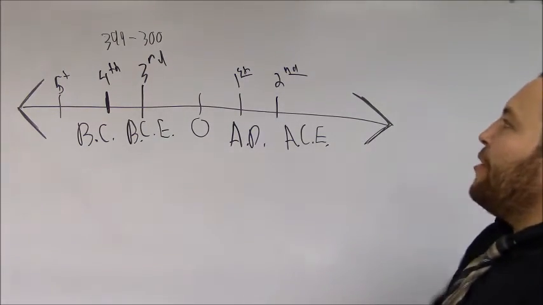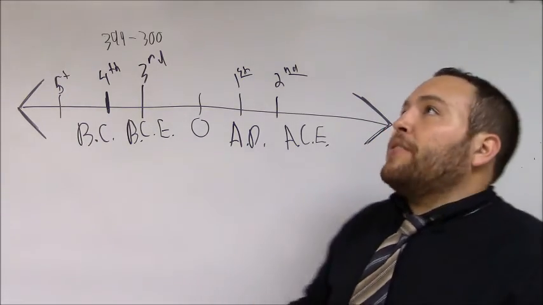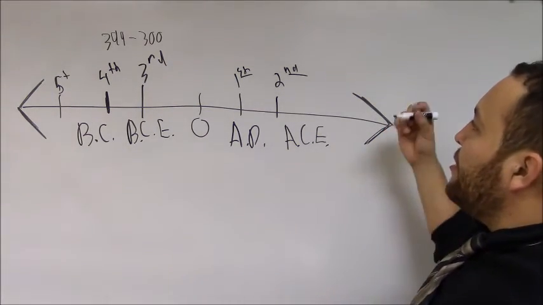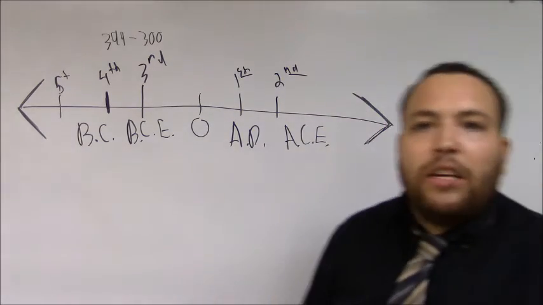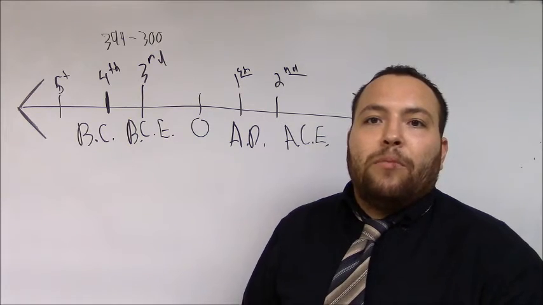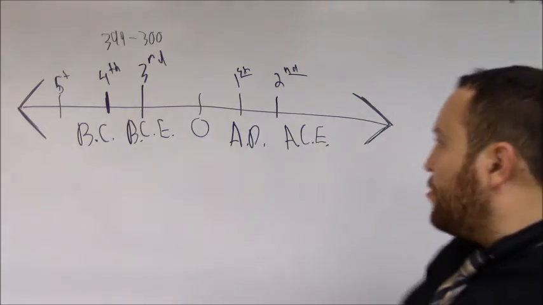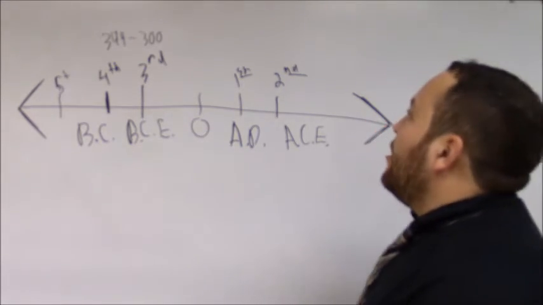Now, if I'm talking about the ADs, so if I said that, for example, let's say that St. Paul lived in the 2nd century AD. Paul of Tarsus, who wrote some of the books in the New Testament. Right? So Paul lived in the 2nd century AD.